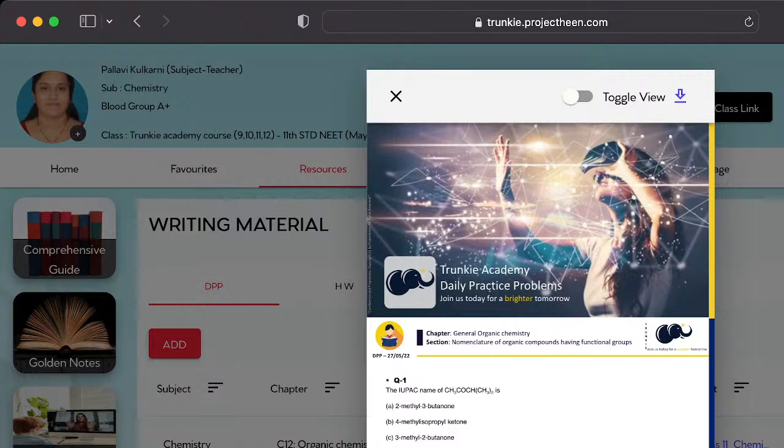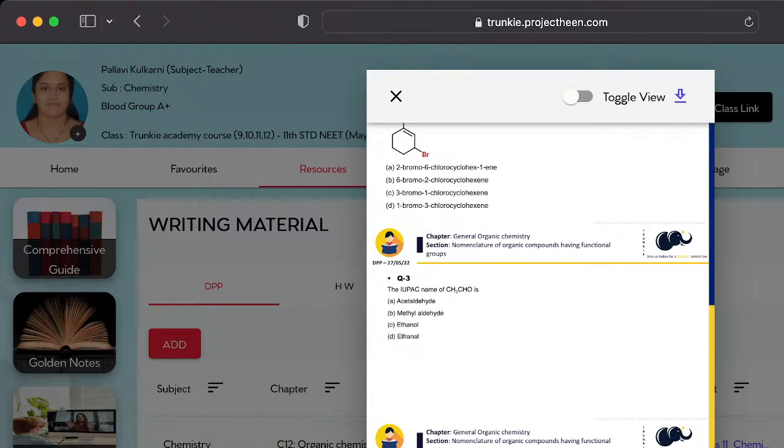You can see the questions for that particular topic of that particular date's session. We download it here, write down the solutions and answers of these questions in a notebook or on any paper, take a picture of it, and then simply upload it on your portal, just like you upload any image on social media.